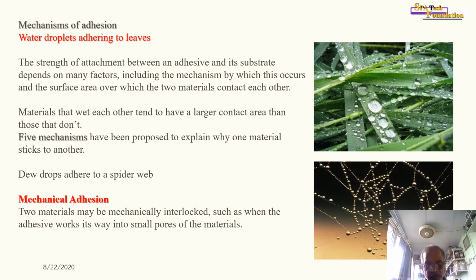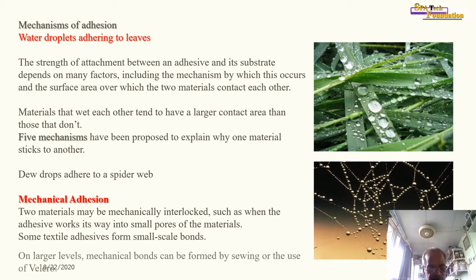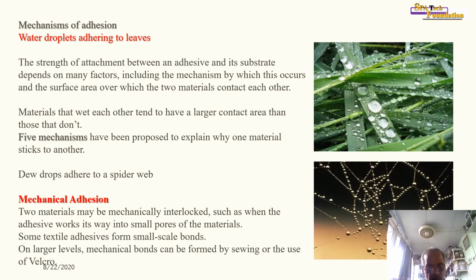Two materials may be mechanically interlocked, such as when the adhesive works its way into small pores of the material. Some textile adhesives form small-scale bonds. On larger levels, mechanical bonds can be formed by sewing or the use of Velcro.